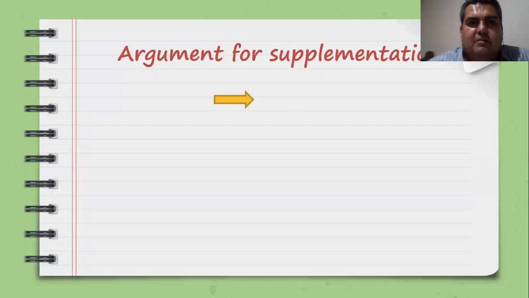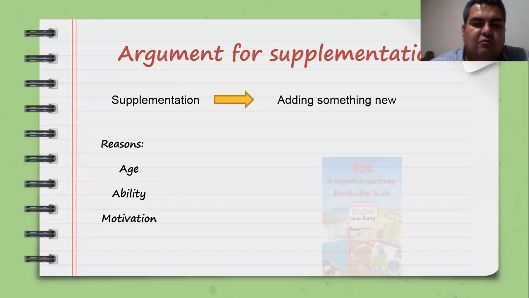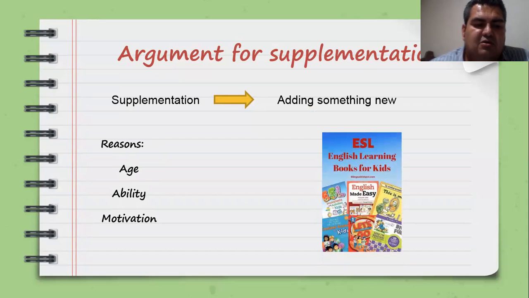Well, there are some arguments for supplementation. Current books offer everything, but to the standard students or the target students they are intended for. Supplementation then means nothing else than adding something new. The publishers may have produced a big number of cassettes, workbooks, reader books, and so on.